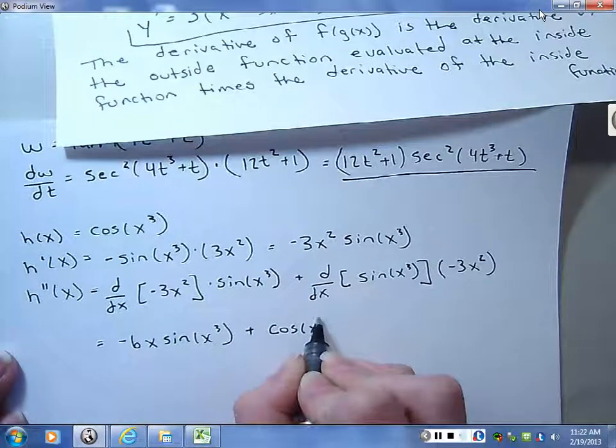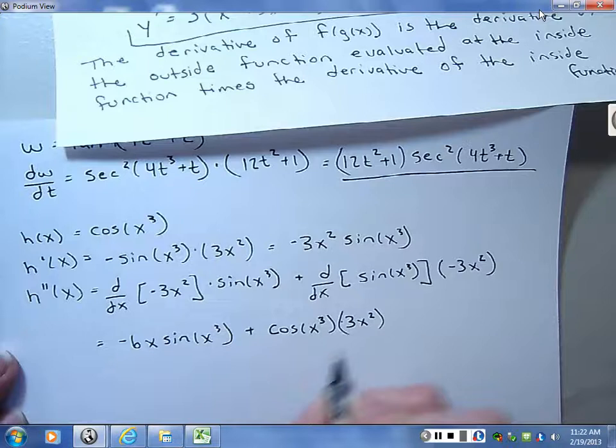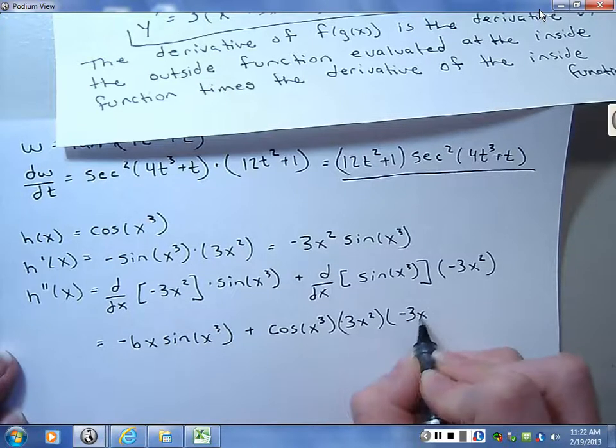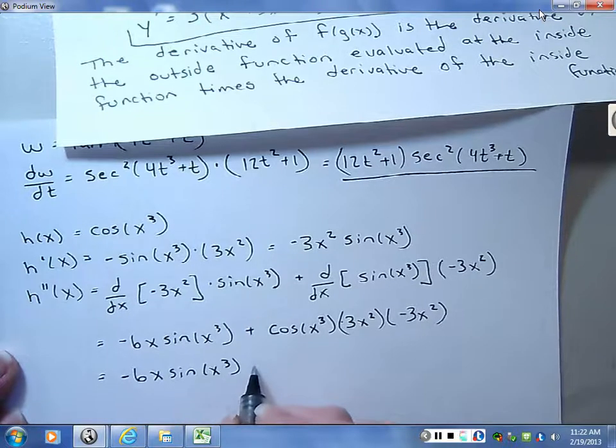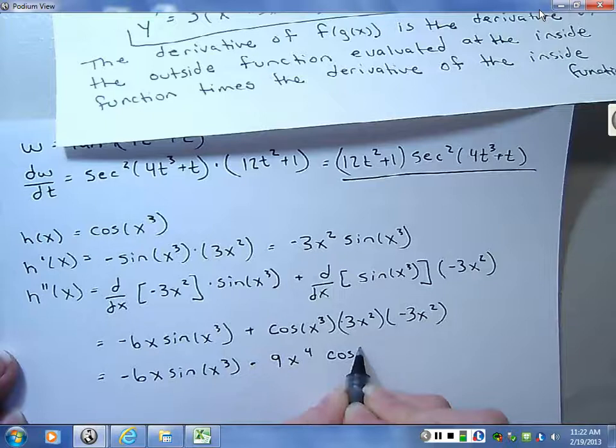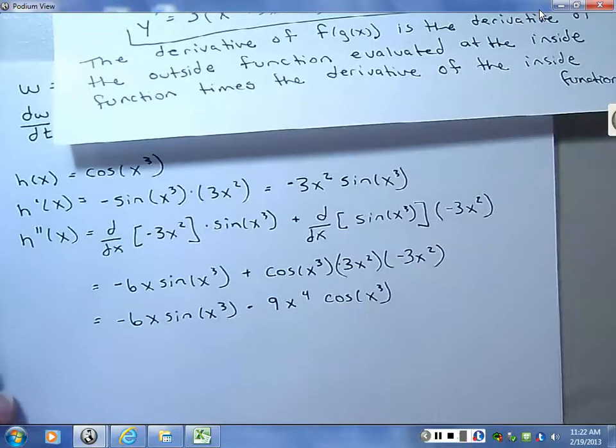Very good. Cleaning it up a little bit, I have minus 6x sine of x cubed minus 9x to the fourth cosine of x cubed.